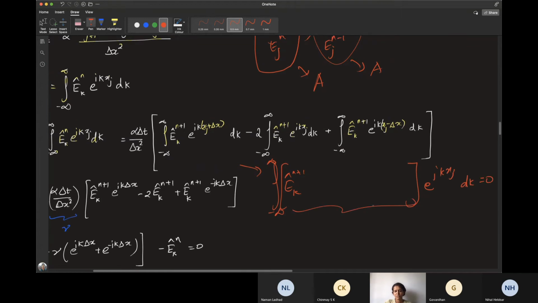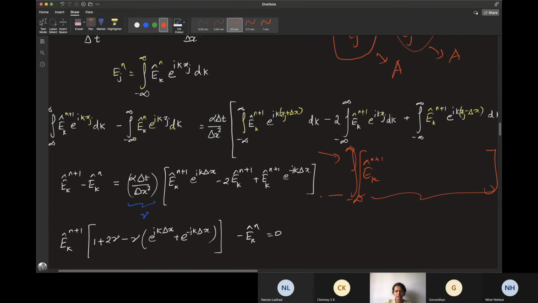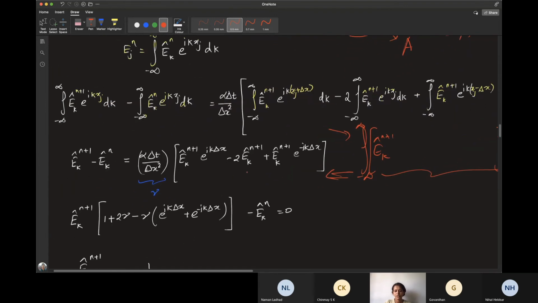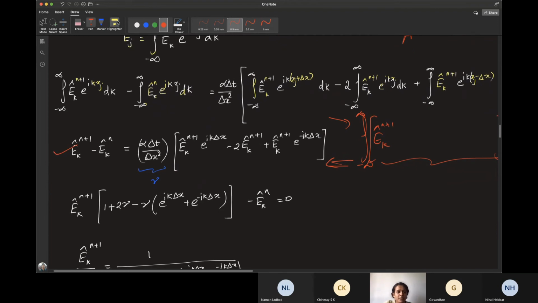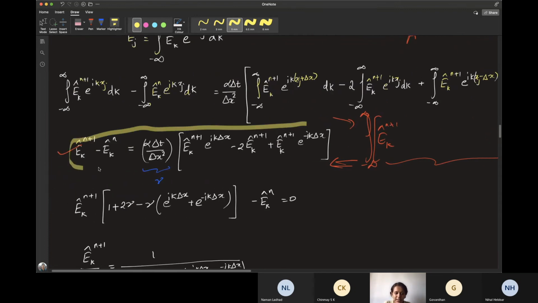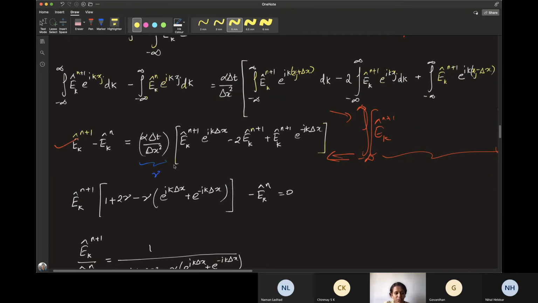So we'll have some terms inside, and those will be equal to 0. From that equation equal to 0, I'm getting such an expression. I have not done the simplification here, since we have seen that simplification for the FTCS case, so I'm not doing it here.